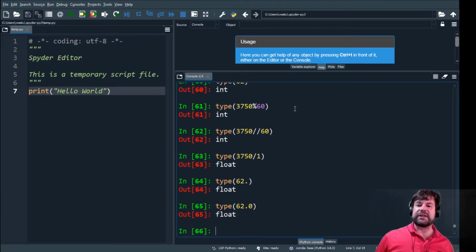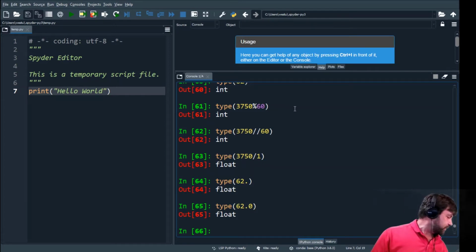Now the representation matters because of the way they're stored. Integers are stored in a way that allows us to have essentially arbitrarily long integers. Floats are stored in a finite amount of memory, so there are limits to how much precision we can give you on a float.